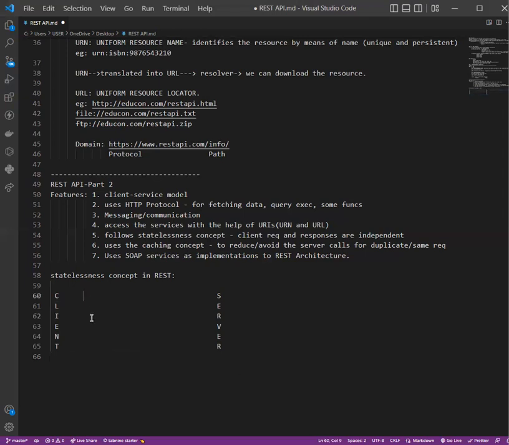So from client to server, as I have told, an HTTP request will be made from the client to the server.